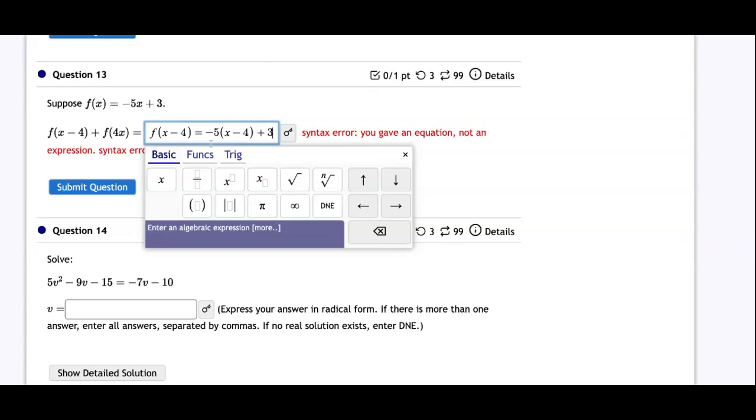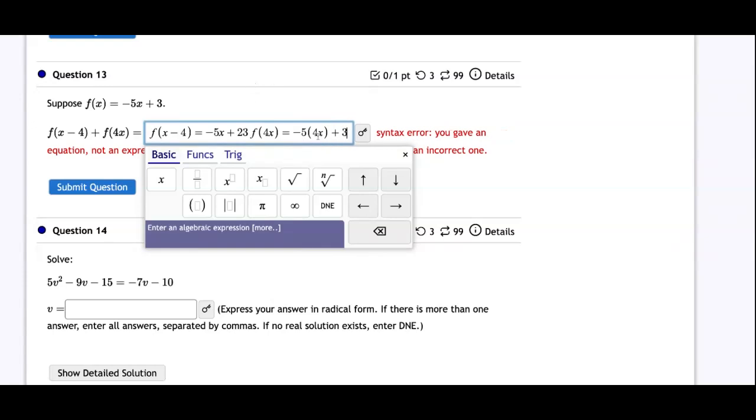Okay, then we simplify. That would be -5x, -5 times -4 will be positive 20. Then add 3, that will be 23. So that's f of x minus 4, -5x plus 23. What is f of 4x? Multiply -5 to the input. The input is 4x, add 3 to it.